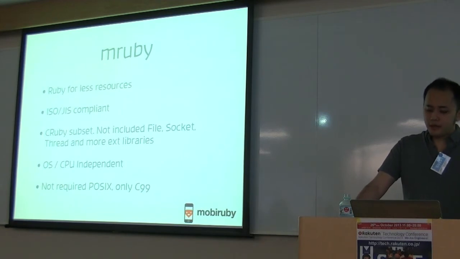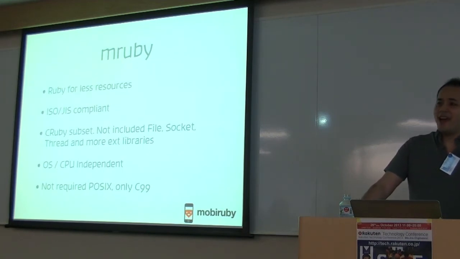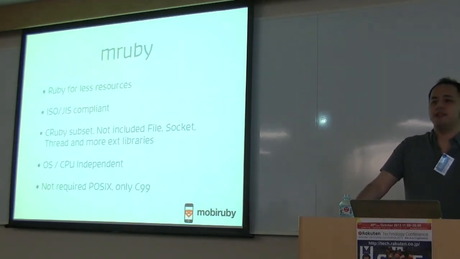A lot of the Ruby standard library is not supported yet. So Ruby gems are not supported yet either. If you want to use a useful extension or Ruby gems, you should write it yourself from scratch. And the extension API is really different between CRuby and Mruby.